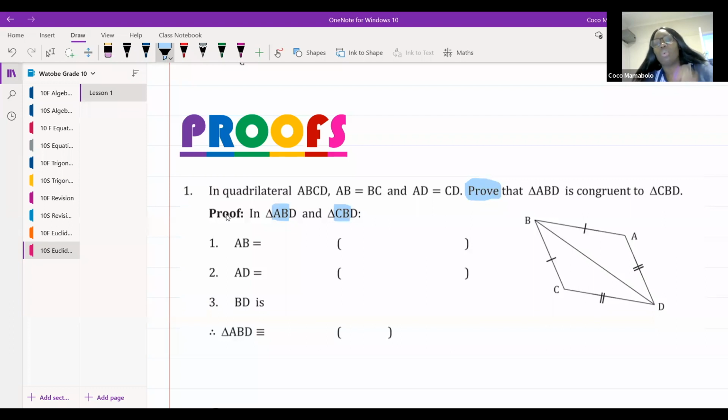Right. So we're going to say in triangle ABD and CBD, AB is equal to, the first two letters must be equal to the first two letters. So tell me in the chat, guys, AB is equal to what? AB is equal to, use your two triangles.